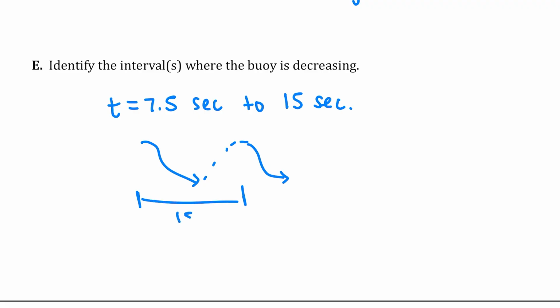So after every 15 seconds, we're going to start to decrease again. So from 7.5 to 15. Then I think the next value would be adding 15 seconds to 7.5, so it'd be like 22.5. Basically this and every 15 seconds after.